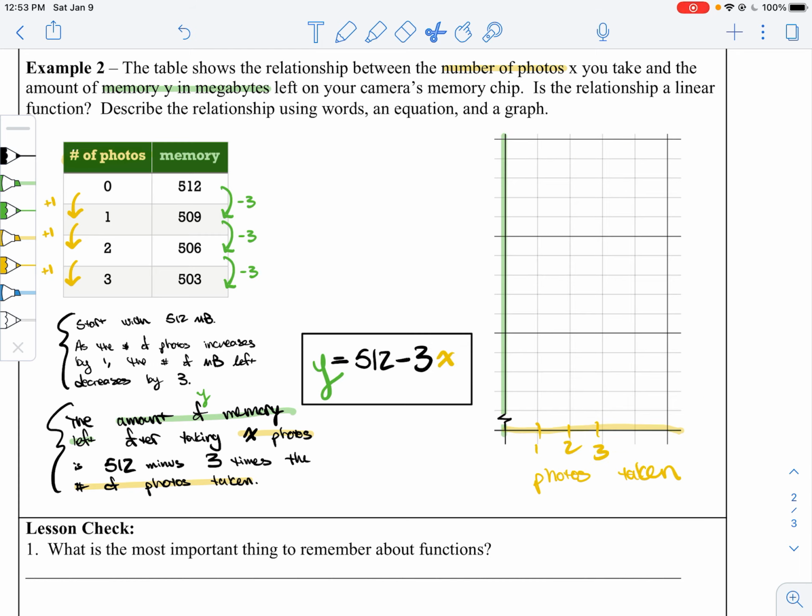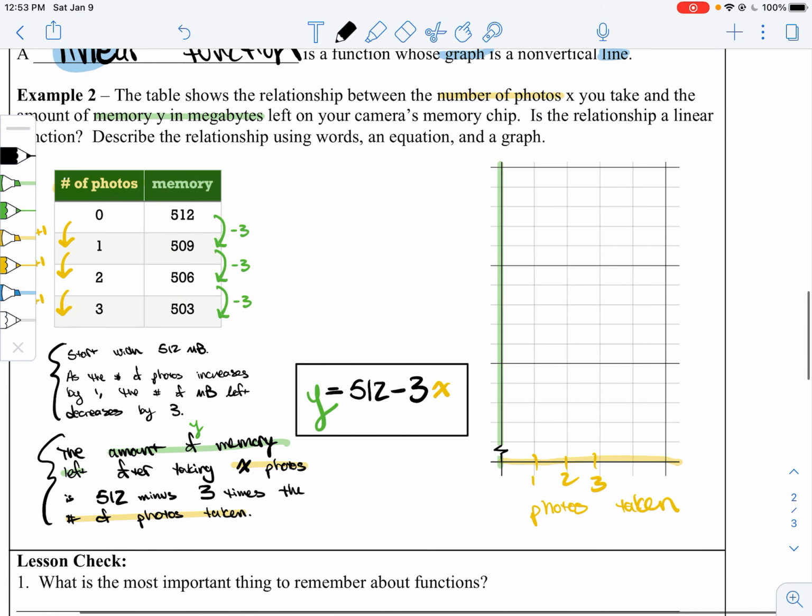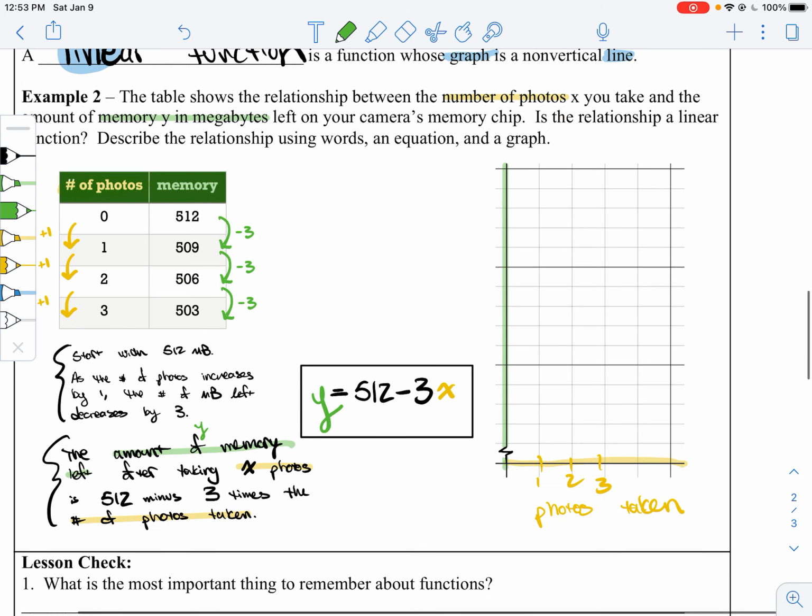So we're going to start labeling our megabytes here, counting up to 505, 510, 515. So instead of having it to scale, we just cut it and zoomed up to the top.